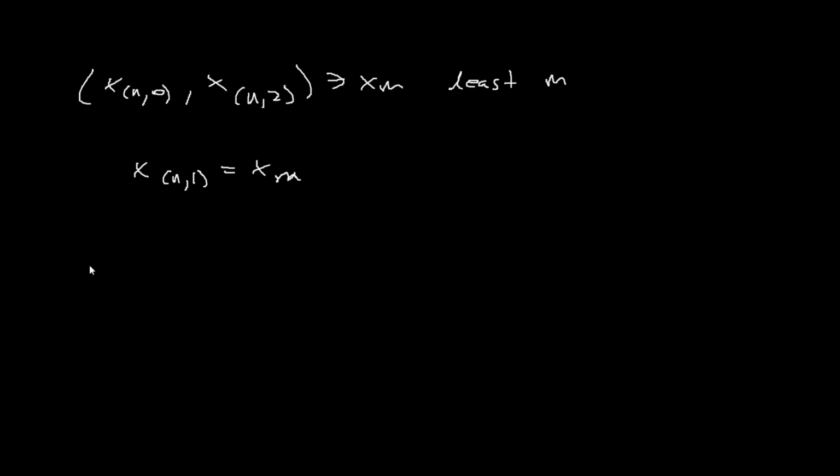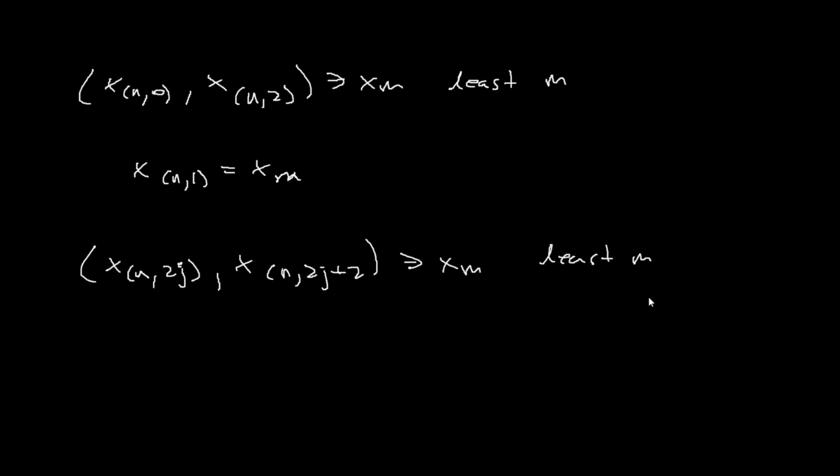Okay, more generally, let us consider any one of the intervals between two consecutive elements that we have, such as x_{n,2j} up to x_{n,2j+2}. Like this, we choose an element x_m for the least possible m by the well-ordering principle. And then we choose x_{n,2j+1} to be the element x_m as such.